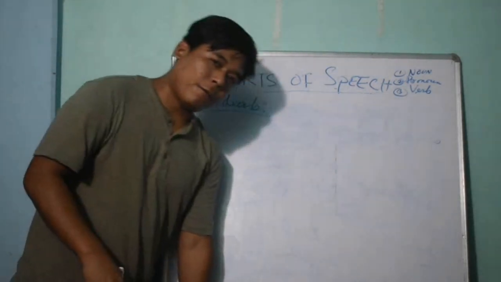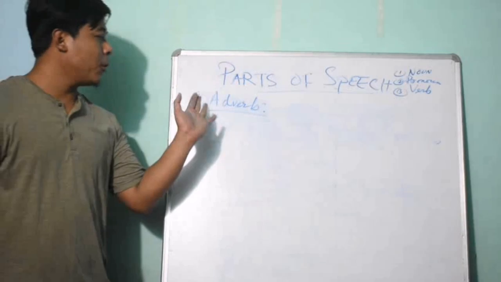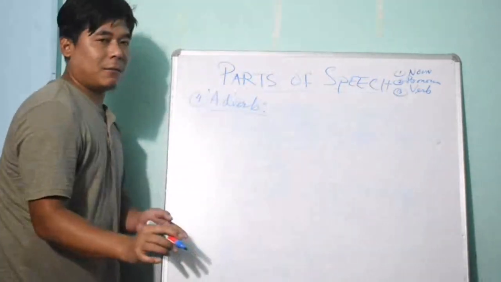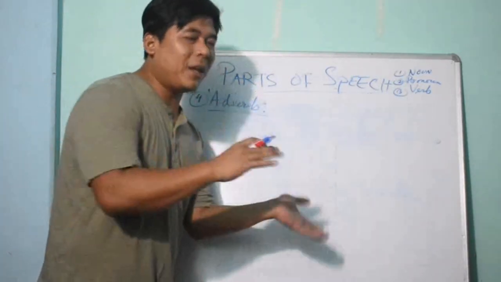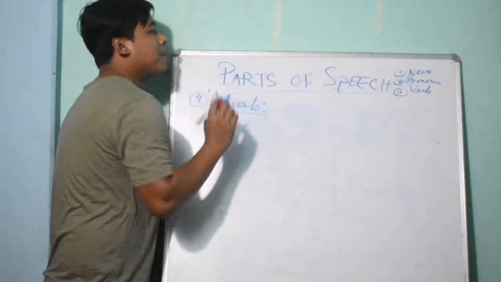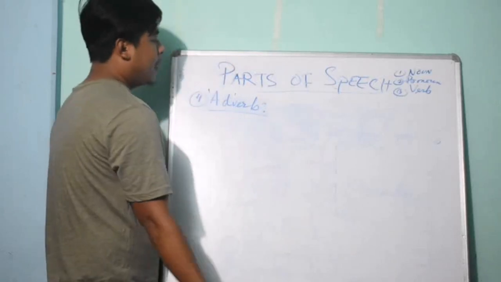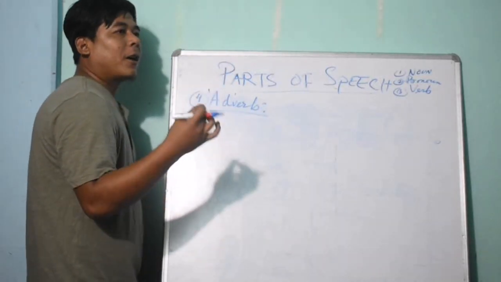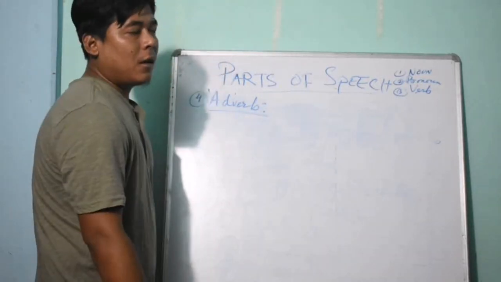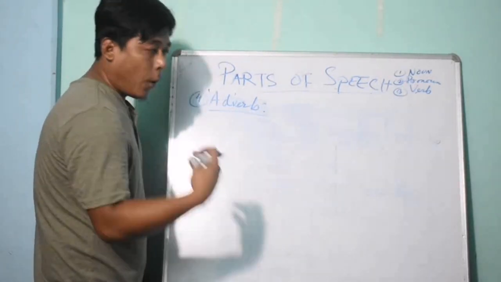What is an adverb? As the word itself says, there is add. Remember the word add. Adding more meaning to verb. So, adverb is a word, or are those words that tell us or give answers to questions such as how, when, how often.